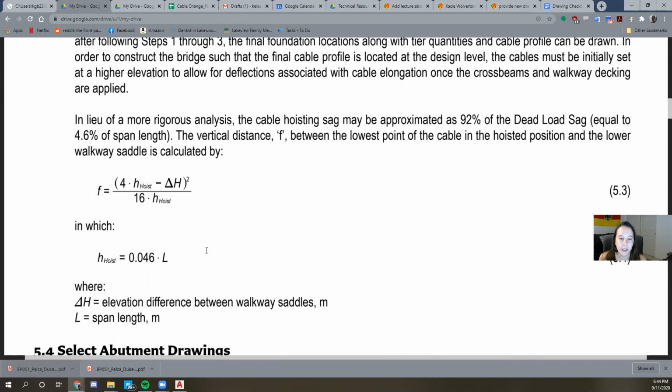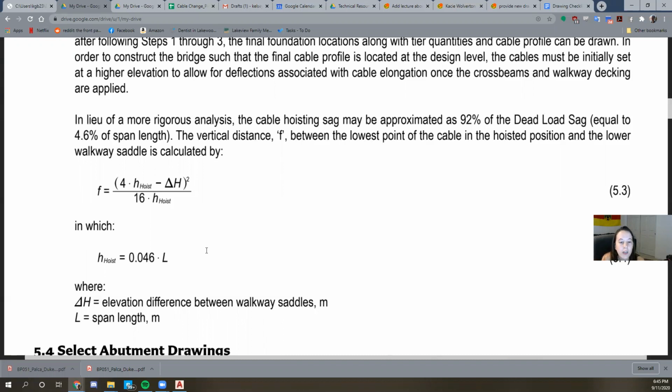You need to pay attention on your bridge to which side has the lower saddle, handrail or walkway, same thing. But typically you'll want to pay attention to the walkway first, but you'll also need the handrail saddles. I'm here to talk about the different places we're going to use this.